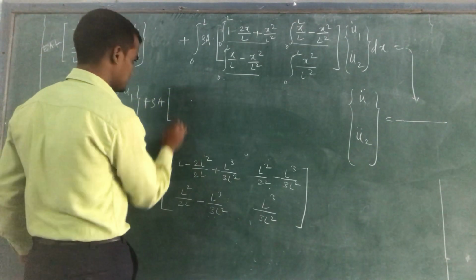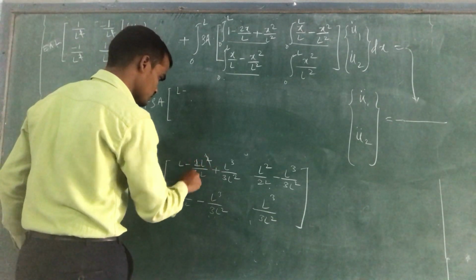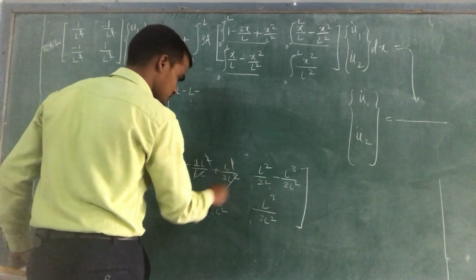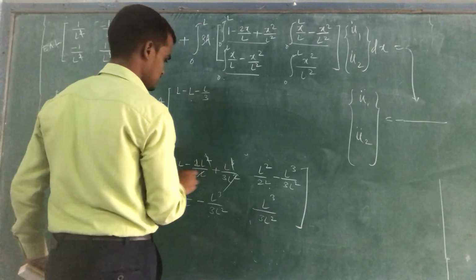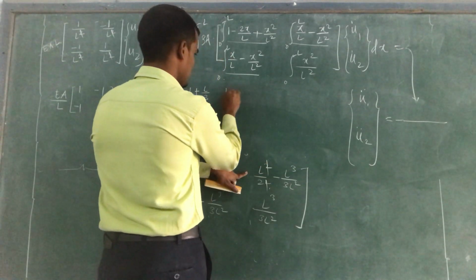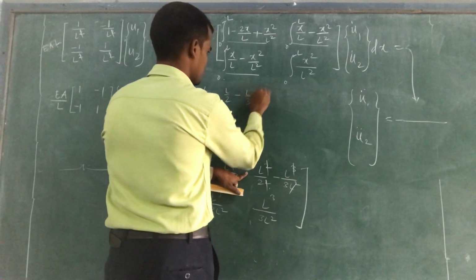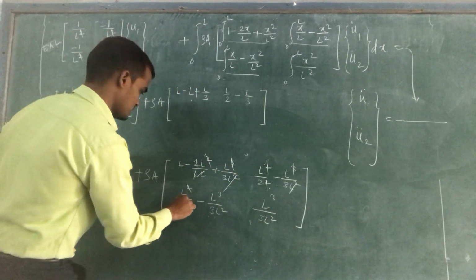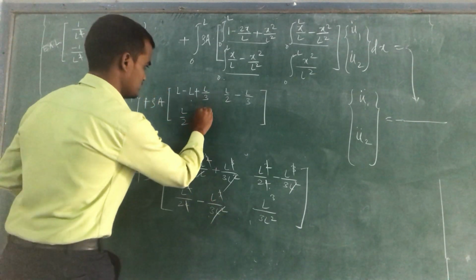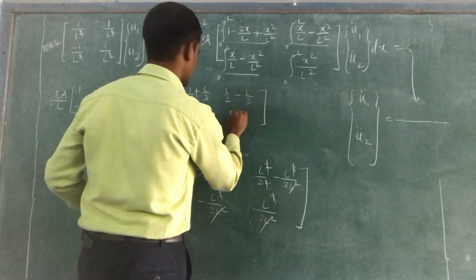Now L minus, this L square 2 will get cancelled, L minus, this will get cancelled, L by 3, sorry, plus L by 3. Then this will get cancelled, so it will become L by 2 minus L by 3. So here L by 2 minus L by 3 and L by 3.